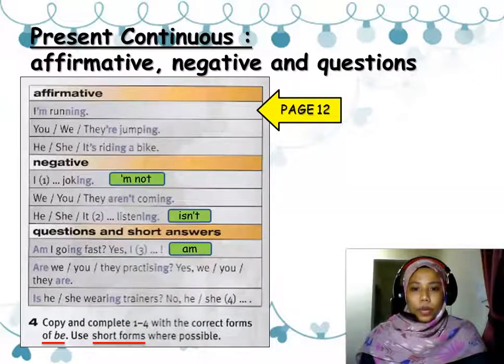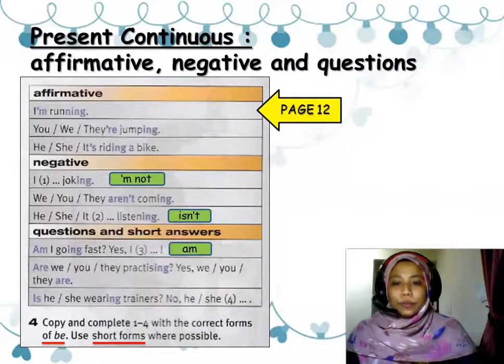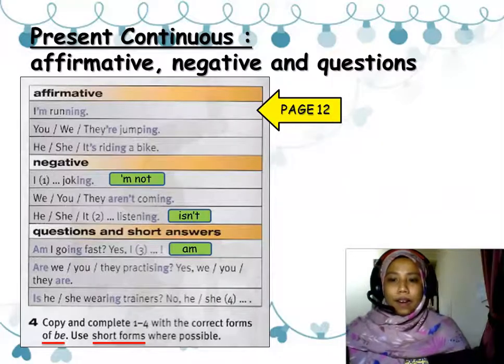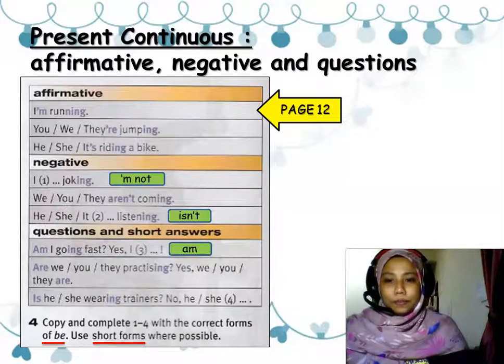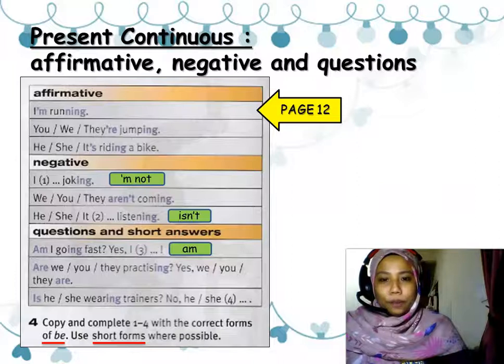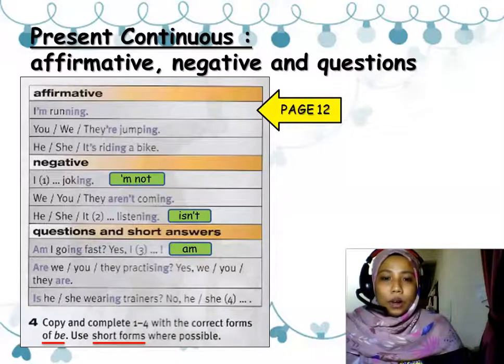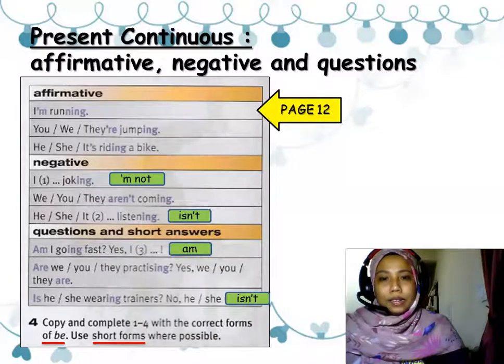Yes, we, you, they are. Next, let's try exercise 4. Is he or she wearing trainers? No, he or she isn't. Isn't is the short form of is not.